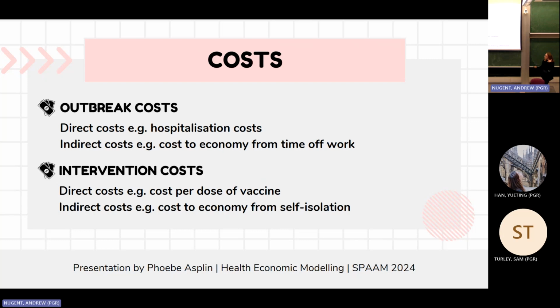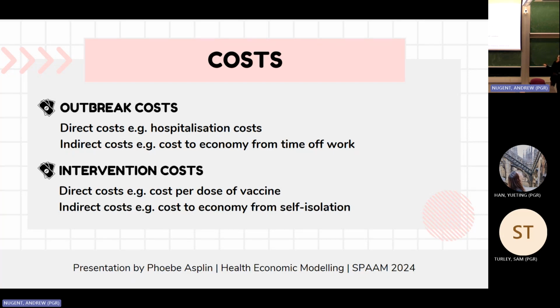You can perform your analysis from the perspective of the healthcare system, for example the NHS, in which case you would solely care about direct costs. So the cost when someone gets ill of being hospitalized, cost of GP appointments, cost of medication, that sort of thing. And on the intervention side, it would be cost of vaccine doses, infrastructure costs, that sort of thing.